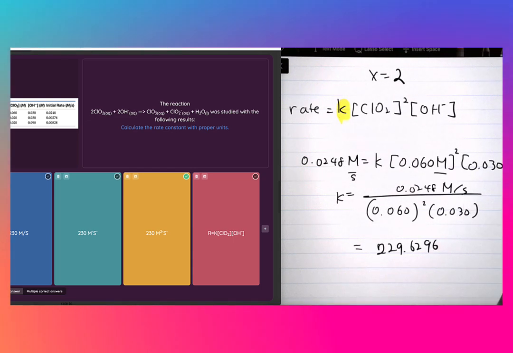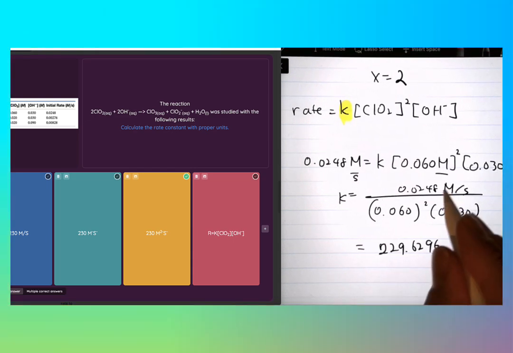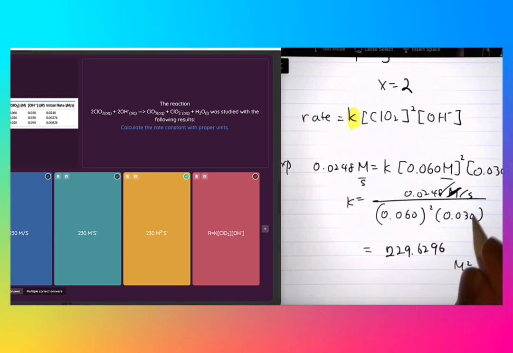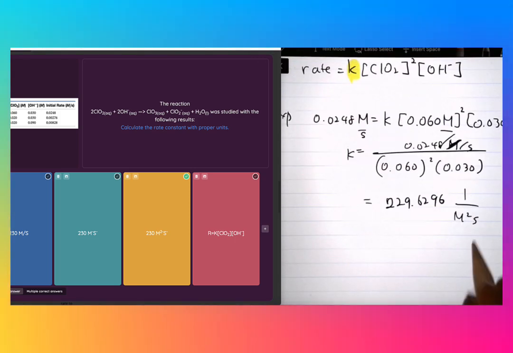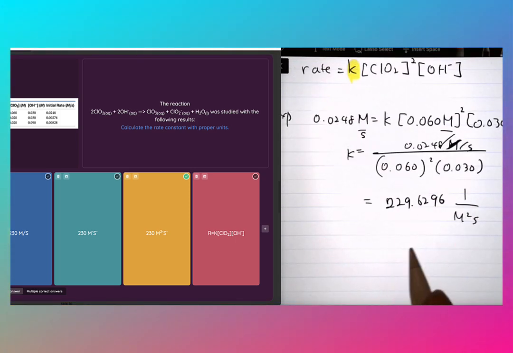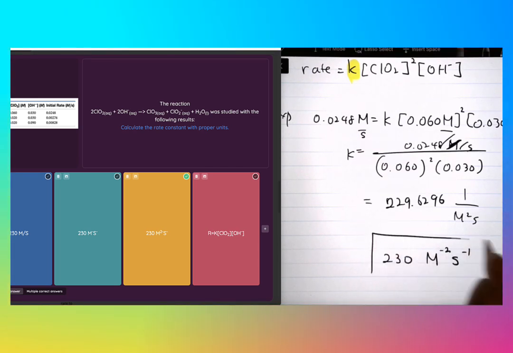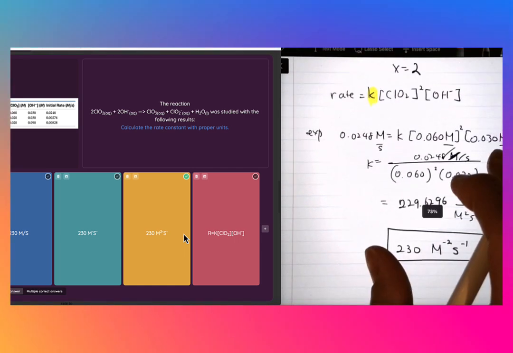So when you cancel out the molarity with the top one, you're going to get molarity squared on the bottom. And we have a per second. So when you rewrite this, you're going to get 230 if you keep 2 sig figs, molarity to the power of -2, seconds to the power of -1. Therefore, the third answer choice here is correct. Okay, hope this helped.